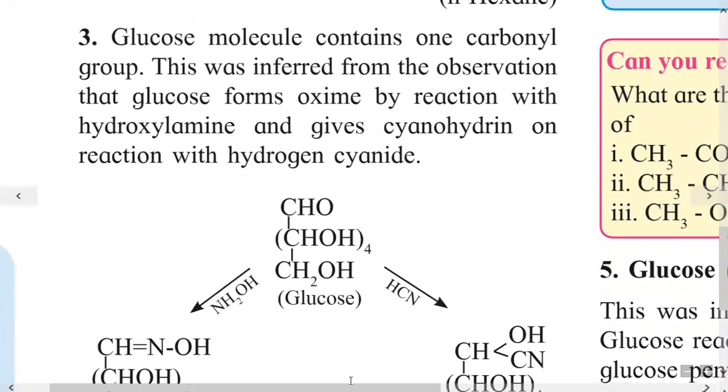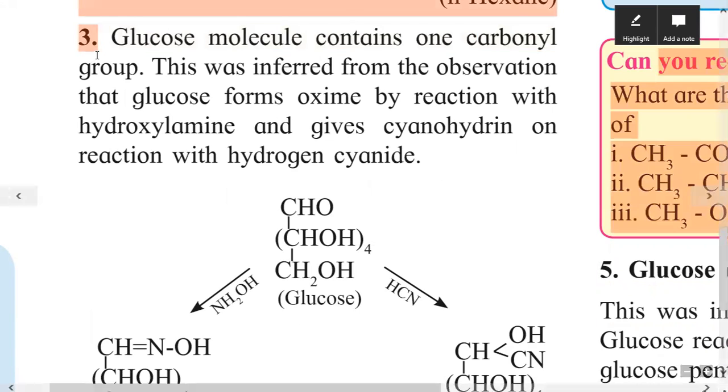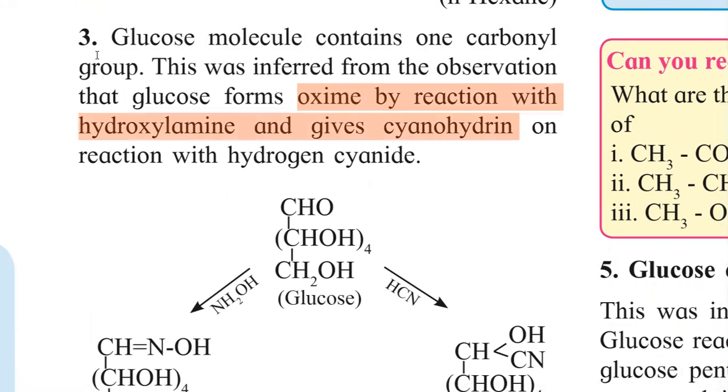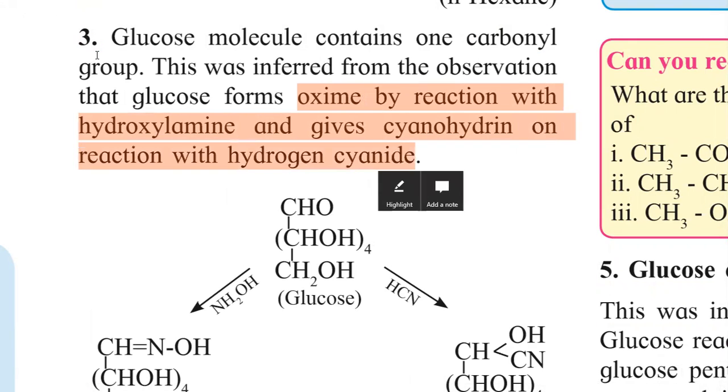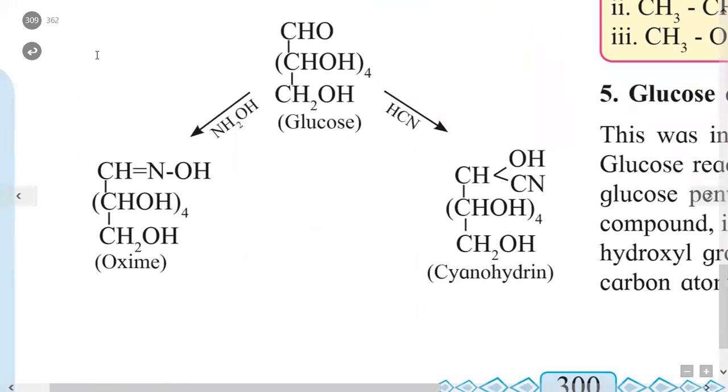The third property that explains the structure of glucose is that the glucose molecule contains one carbonyl group. This is observed from the oxime test, that is, reaction with hydroxylamine, and from the formation of cyanohydrin on reaction with hydrogen cyanide. These two reactions explain that glucose contains the aldehyde functional group.